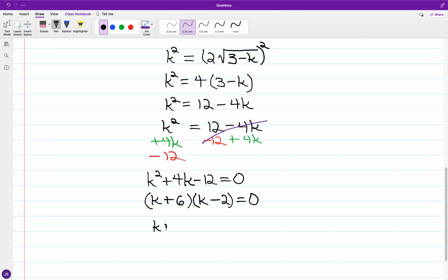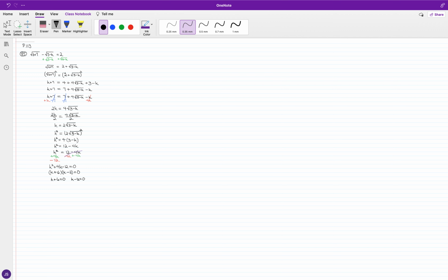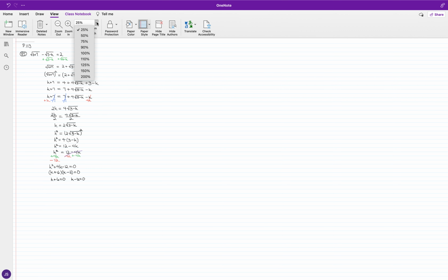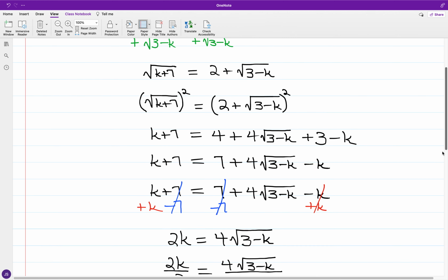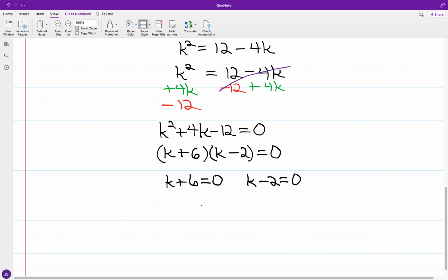And now I can utilize the zero product property, setting each of the factors to 0. If k plus 6 is equal to 0, we have that k is equal to negative 6. And if k minus 2 is equal to 0, we have that k is equal to 2.